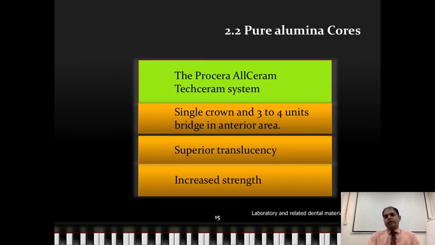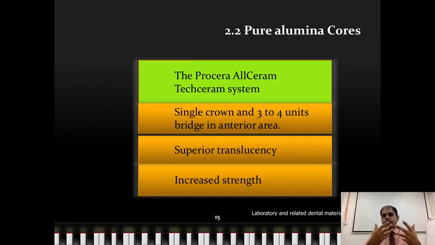The second subtype under the alumina core system is the pure alumina. Here there is no glass substructure, there is no quartz, pure alumina core is used. It is superior in translucence. It has shown greater strength compared to the previous IPS Empress 2 system. In the market there are systems available such as ProCera, AllCeram and TechCeram.